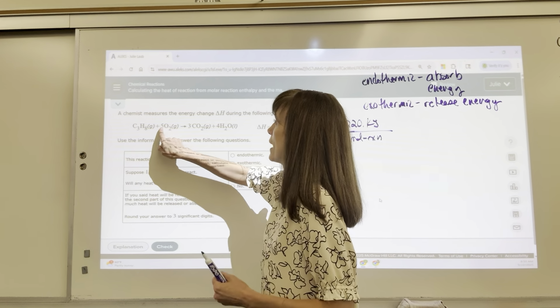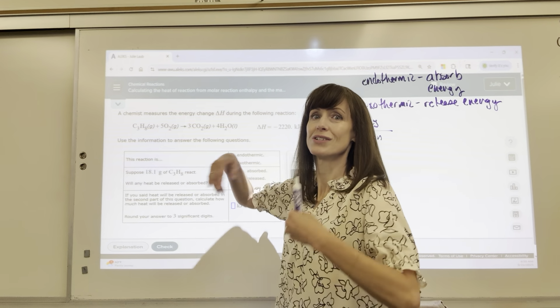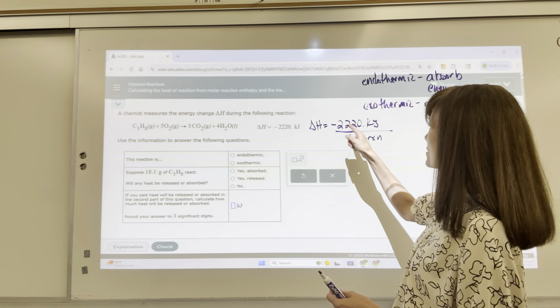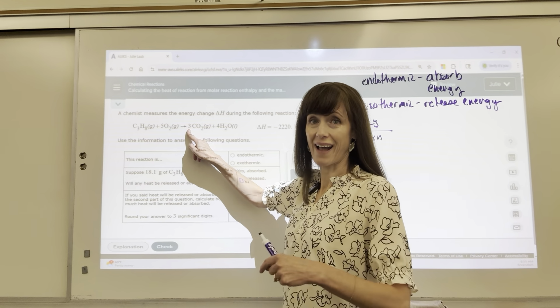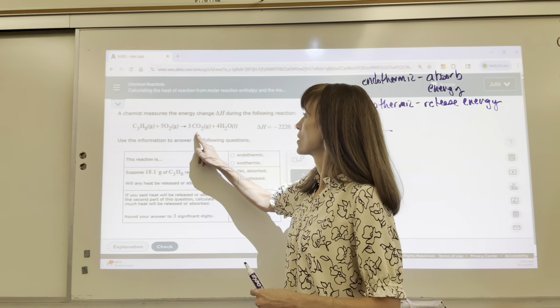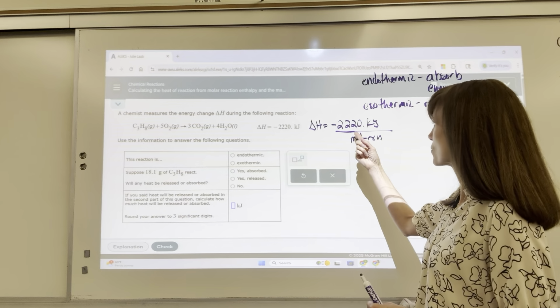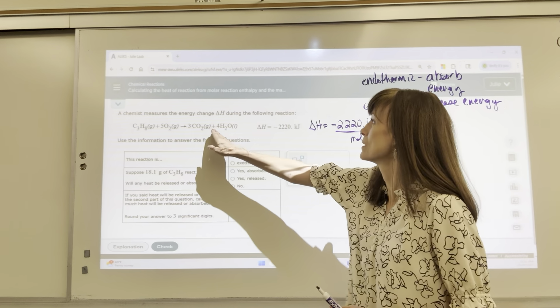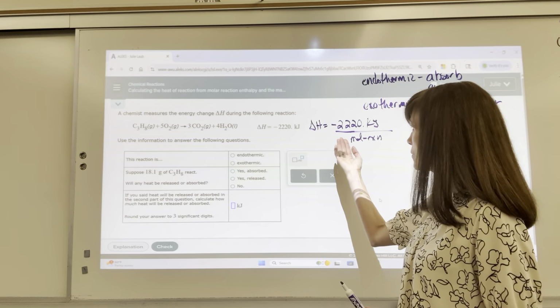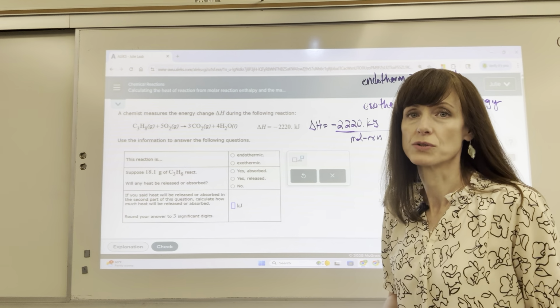If you completely react exactly 5 moles of oxygen, it will release 2,220 kilojoules. Likewise, if you produce exactly 3 moles of carbon dioxide, that is going to release the 2,220 kilojoules. And same thing with the 4 moles of water, it will produce the 2,220 kilojoules.